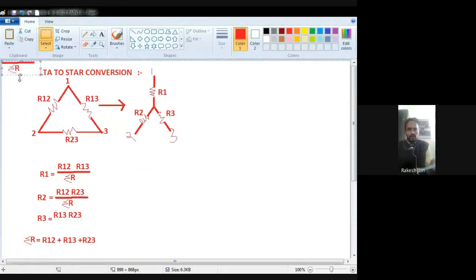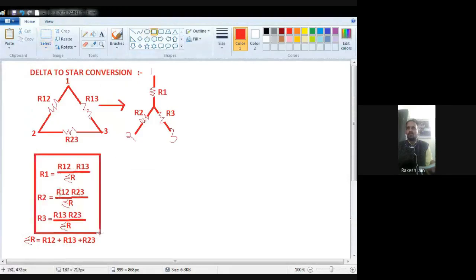So R13 multiplied by R23 divided by summation of R, and this will be your representation of the conversion of a delta network into a star network, in which the denominator summation of R is equal to the sum of R12, R13 and R23 of the given delta network you wish to convert, okay. So this is the formula.